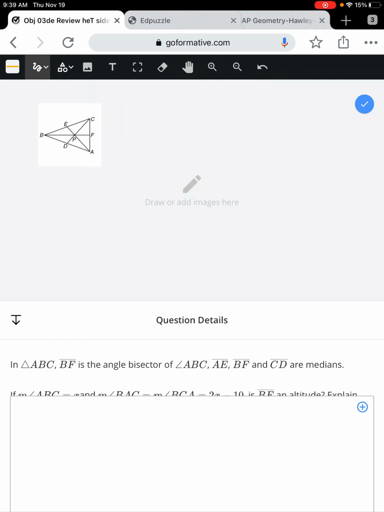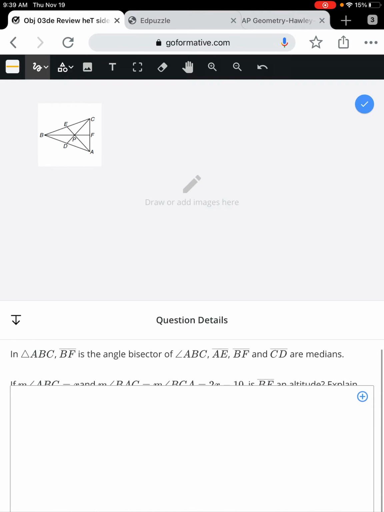Number 8, BF is the angle bisector, C and D are medians. It says the measure of angle ABC, this whole angle, is equal to x. The measure of angle BAC, which is equal to the measure of BCA, is 2x minus 10. So BAC.